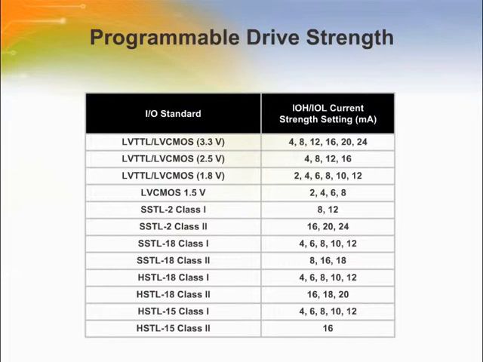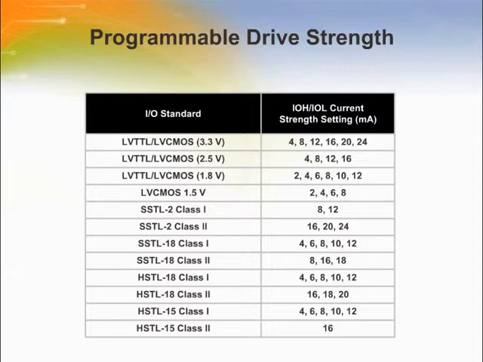The output buffer for each Cyclone II device I/O pin has a programmable drive strength control for certain I/O standards. The LV-TTL, LV-CMOS, SSTL-2 Class 1 and 2, SSTL-18 Class 1 and 2, HSTL-18 Class 1 and 2, and HSTL-1.5 Class 1 and 2 standards have several levels of drive strength that you can control.